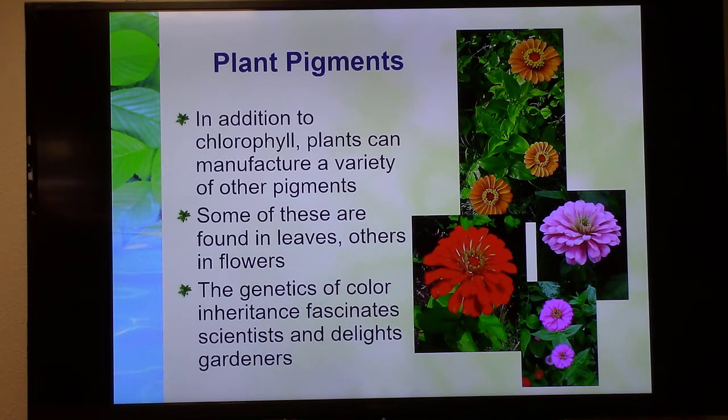Most of them have nothing to do with photosynthesis, and we would just say they're just for pretty. But it's not for pretty for us, it's for pretty for getting that bug to come pollinate it, and then we figured out how it works. The genetics of color inheritance is fun, and it's pretty well studied.